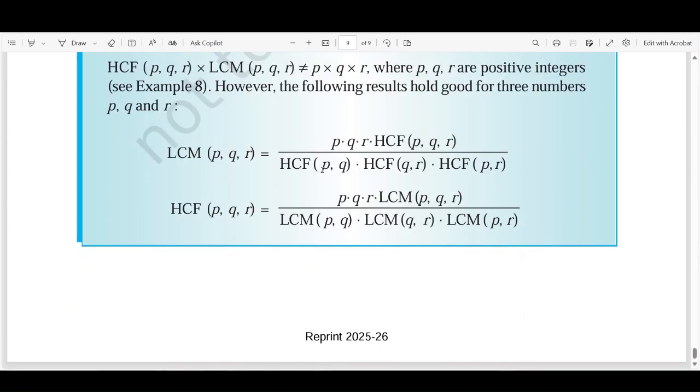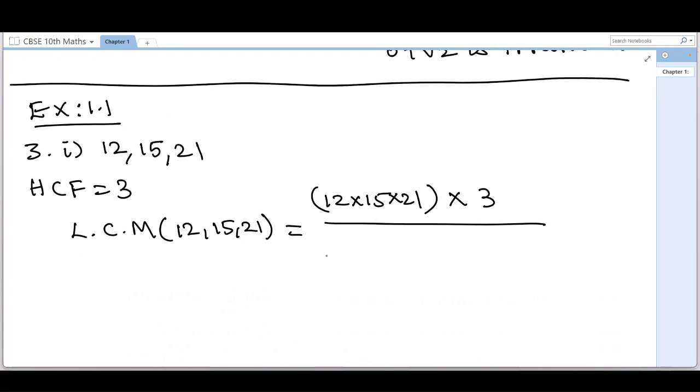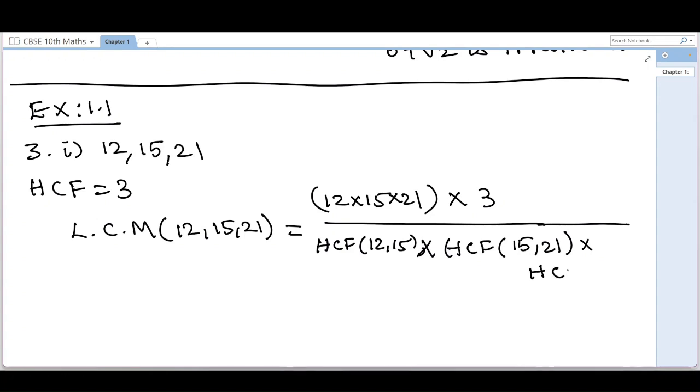So we have to divide the entire product by the HCF of each and every pair. Now I have to determine the HCF of 12 and 15, HCF of 15 and 21, into HCF of 12 and 21, right? Let us determine them separately.